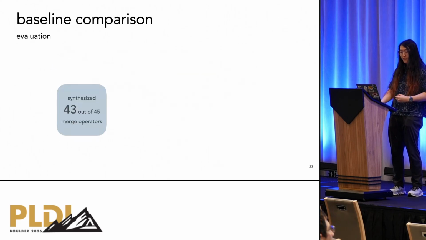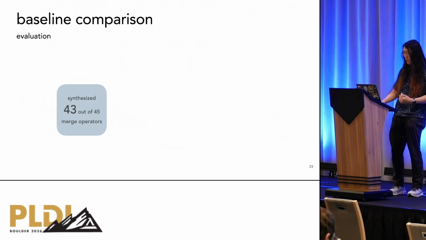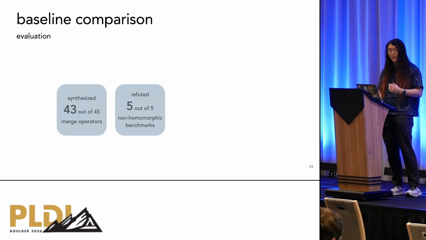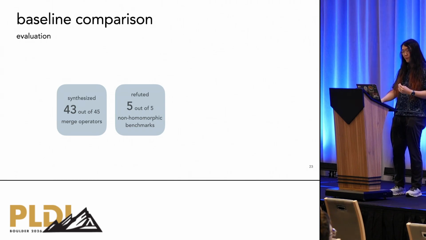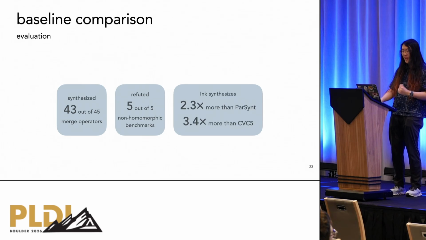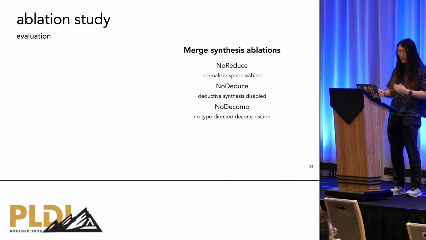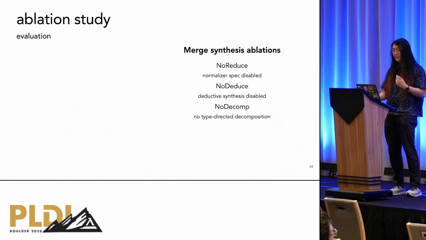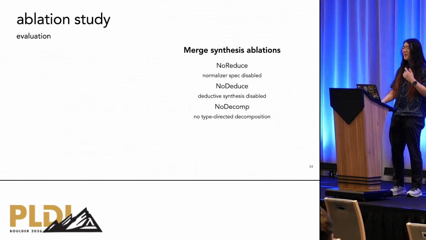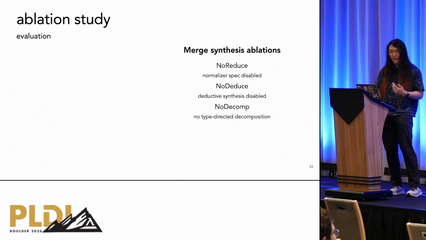So our prototype tool, incr, was able to synthesize 43 out of 45 merge operators. It is able to successfully refute all of the non-homomorphic benchmarks and significantly outperforms the existing synthesis baselines. For the ablation study, we evaluated whether our key contributions in merge synthesis are significant for the success of incr.